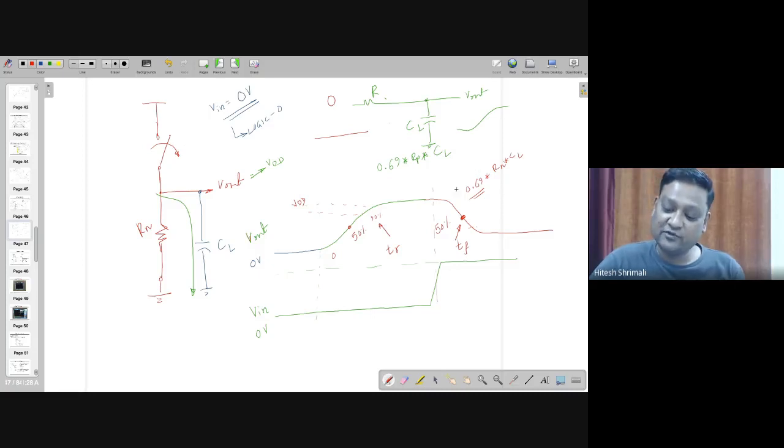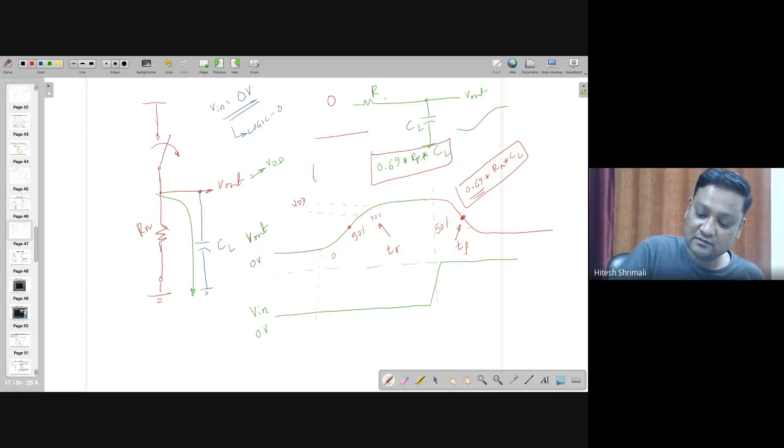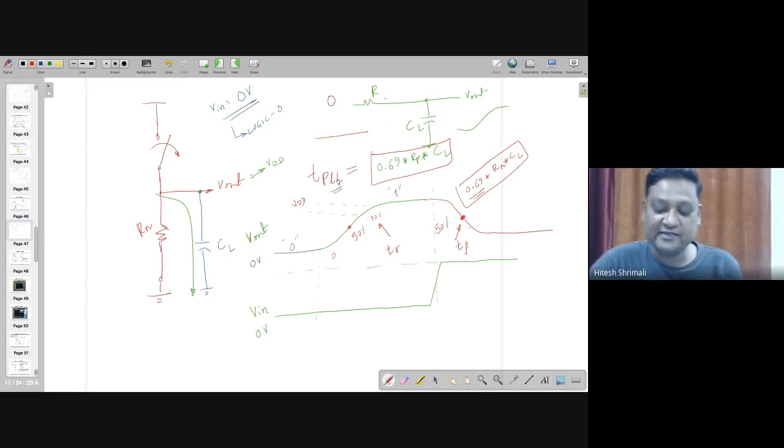Whereas if you are interested in the propagation delay, look at this point going from logic 0 to logic 1. This time constant is required whenever the PMOS is on. In that case it will be low to high, and it signifies that the propagation delay from low to high is equal to 0.69 Rp times CL.